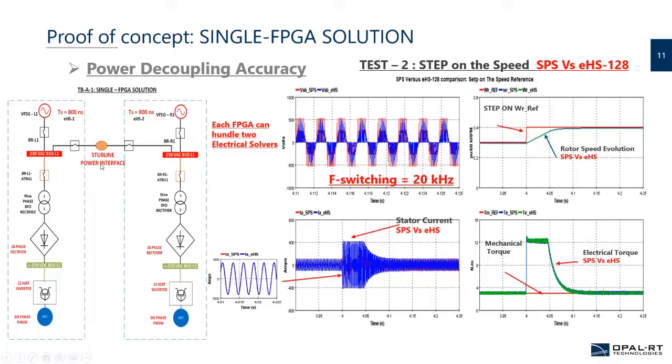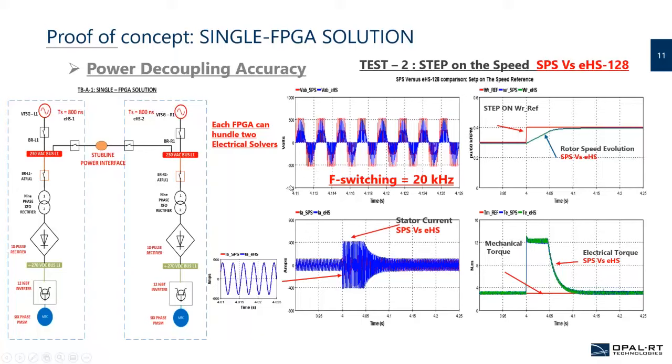Since each FPGA can handle 2 electrical solvers, we chose to validate these decoupling elements first inside one FPGA. That means the power decoupling element will decouple the power between two solvers, each solver running one feeder, as we can see in this schematic here.